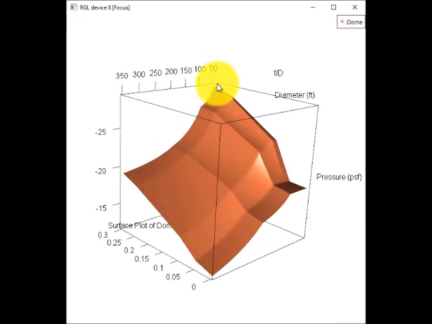On this axis there's the 50 foot to 350 foot diameter. So as a dome gets smaller, or more curved, higher F over D in other words, the pressure goes up quite high actually, to above 25 psf.